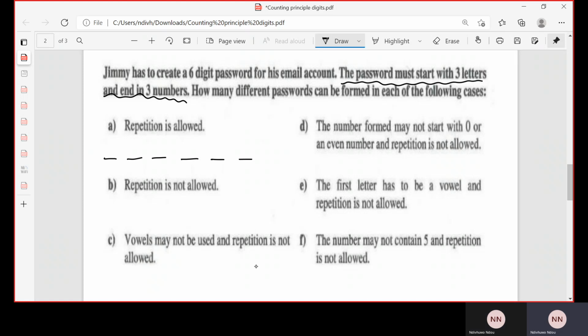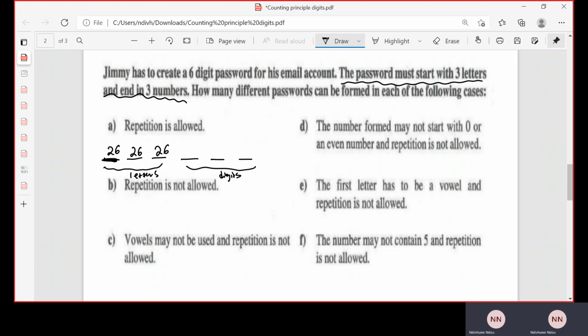Remember, these are representing the letters. These are representing the digits. Now repetition is allowed. In the first position, how many letters will they have to choose from? A to Z. He has 26 choices. Because repetition is allowed, they still have 26 options here. Repetition is allowed, he still has 26 options there.